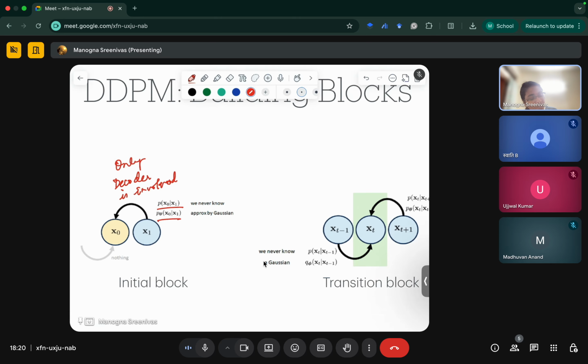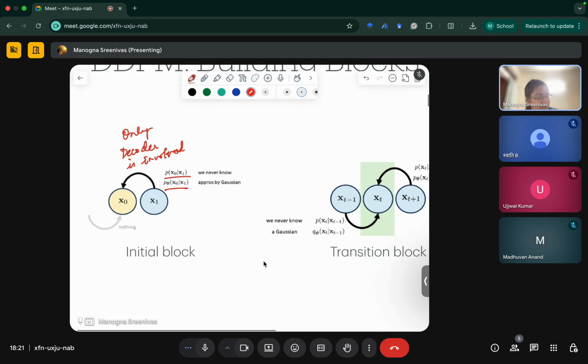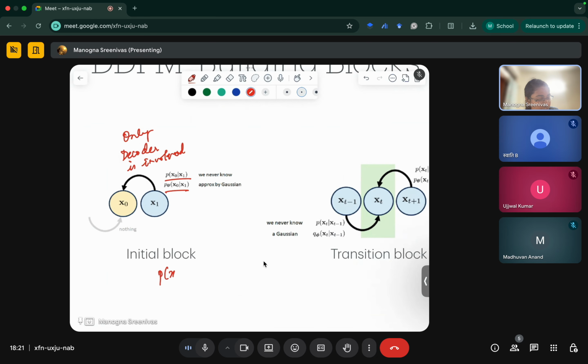This is similar to p of x given z, which was approximated as q phi of x given z in VAE. There it was the latent, the noise; here it is the first latent. So x1 here becomes equivalent to z in VAE.